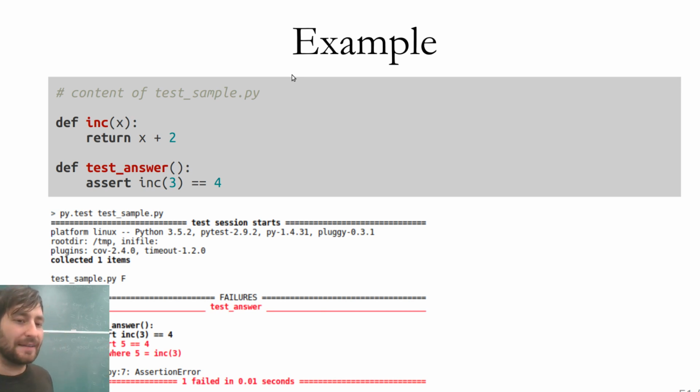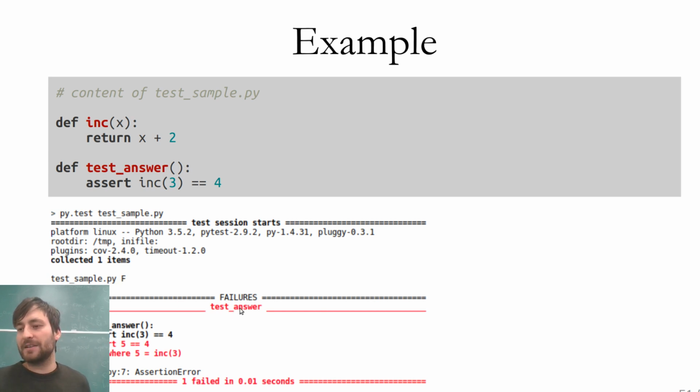If you do it in pytest, because pytest is crazy, so I run pytest. Actually, I think the dot is not there anymore. It's just pytest now. Pytest test sample. Then it starts. It says it's testing this file, and there's a failure.